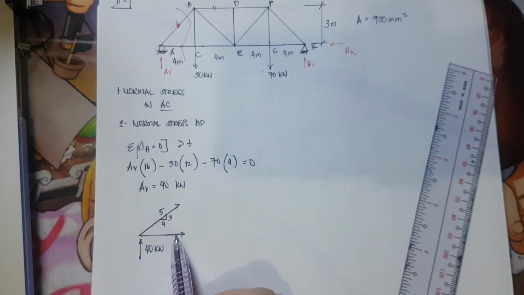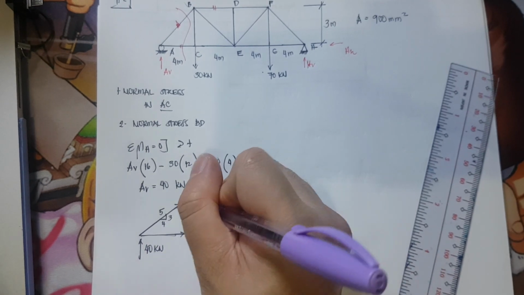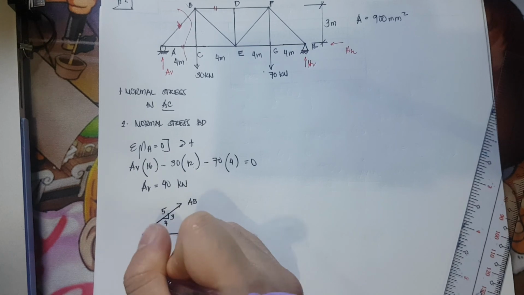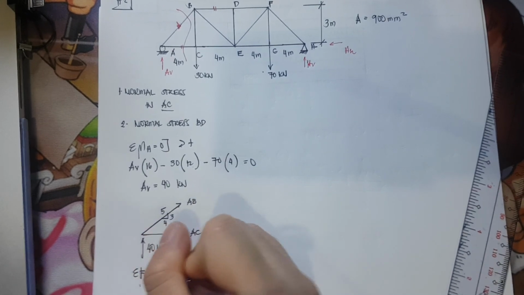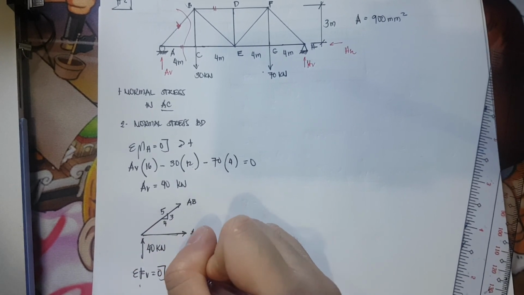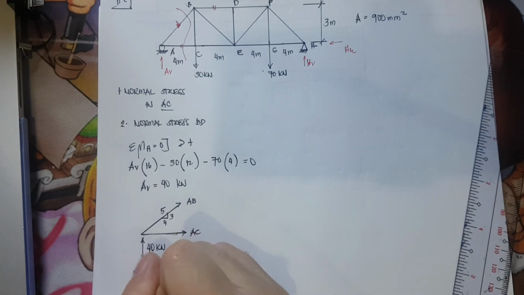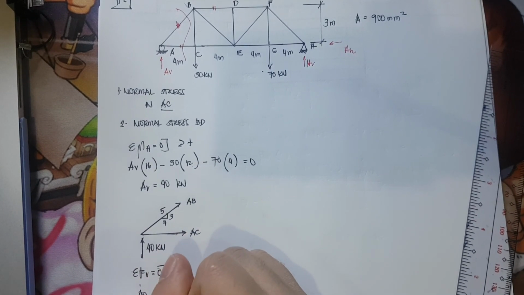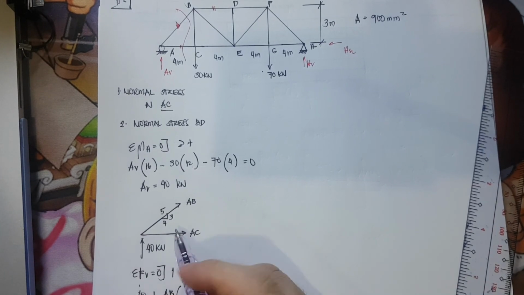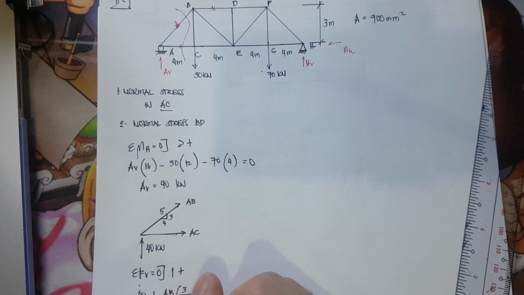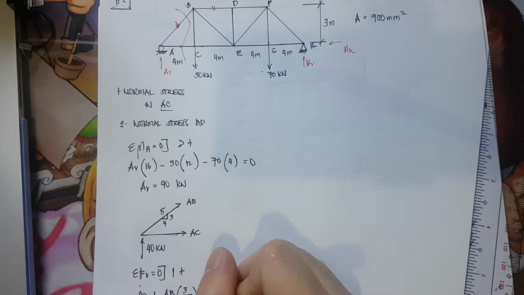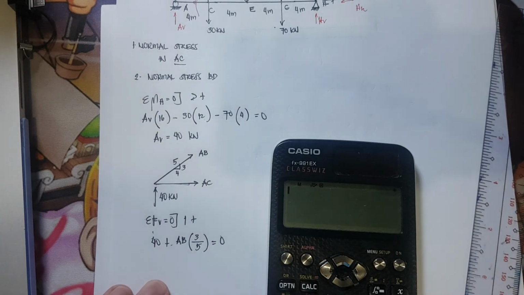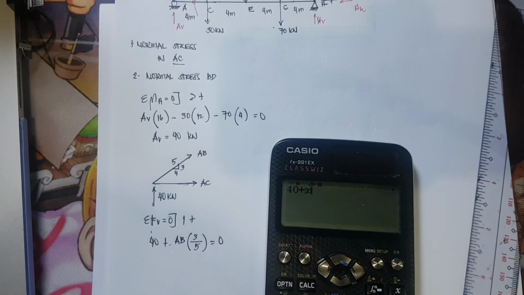Now to solve for the horizontal, I need first to solve AB. Summation of forces along the vertical axis is equivalent to 0. All forces pointing upward should be positive. So I have 40 plus AB times the vertical component of the slope, which is 3 divided by the hypotenuse of the slope, equivalent to 0.